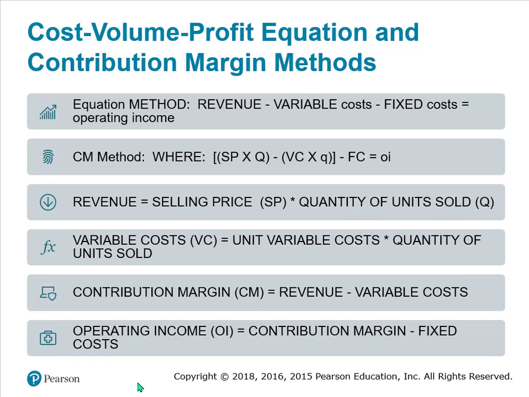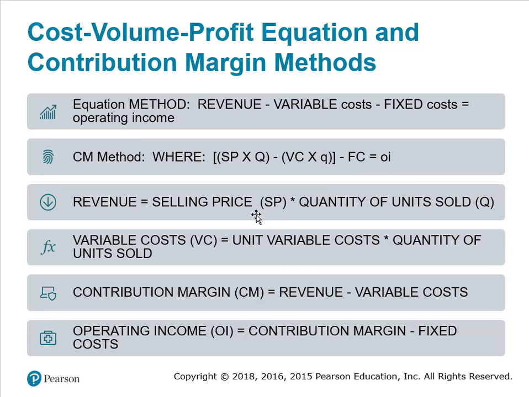So you need to know both methods pretty thoroughly. Here's the equation method: revenue minus variable minus fixed equals operating income. The contribution method is really straightforward: selling price times quantity minus variable cost times quantity minus fixed costs equals operating income.